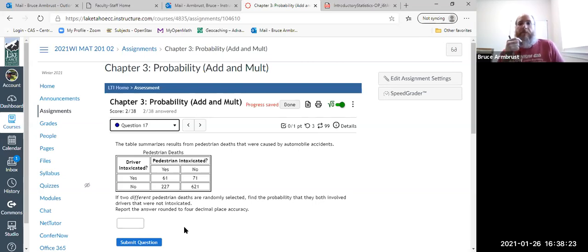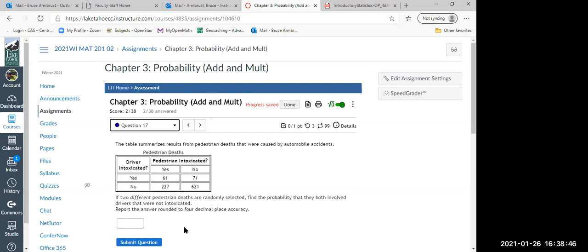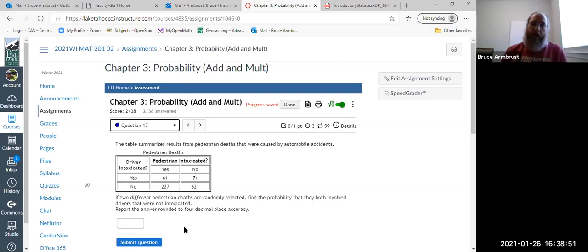All right. So first question, is this sampling with or without replacement? All right, so I see a couple of withouts. Okay, this is definitely without replacement.